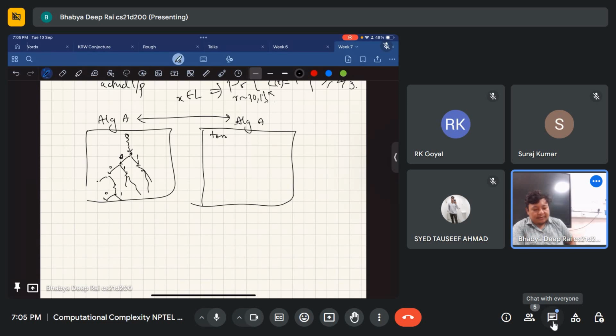Toss k coins, 0 1 1 0 1 1, and these are purely random coins. And then what does it do? It simply traverses that particular sequence. First a 0.